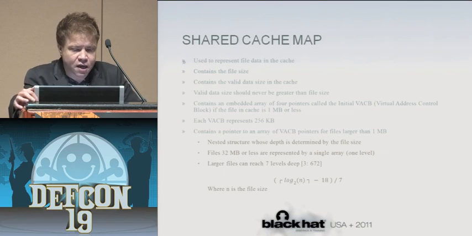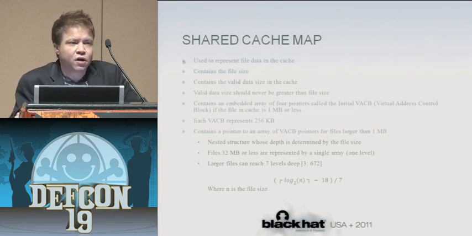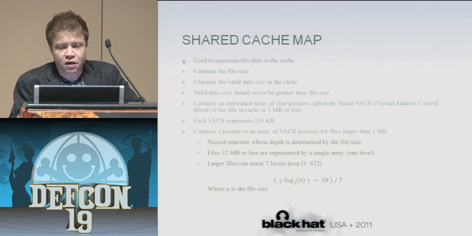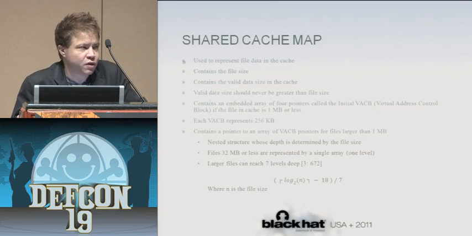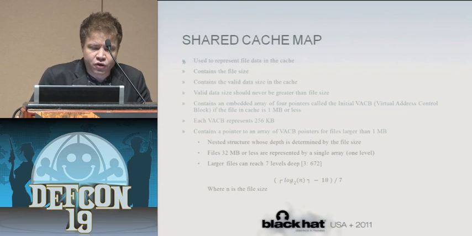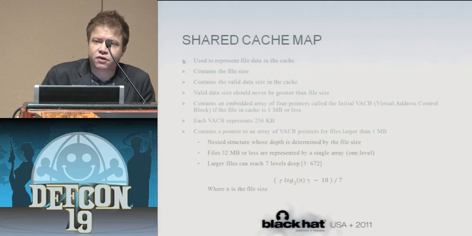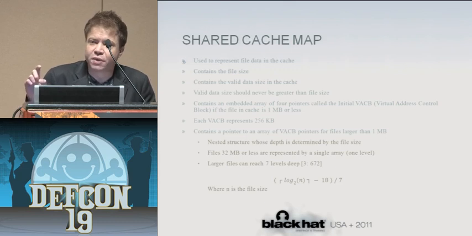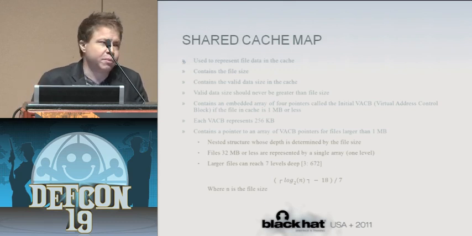Also, it contains an array of pointers to VACBs. So VACBs are virtual address control blocks. These are the structures that define where the data is in virtual memory in the cache. So if the file is 1 megabyte or less, then Microsoft decided to put in some performance improvements by embedding an array of 4 VACBs right into the shared cache map itself.